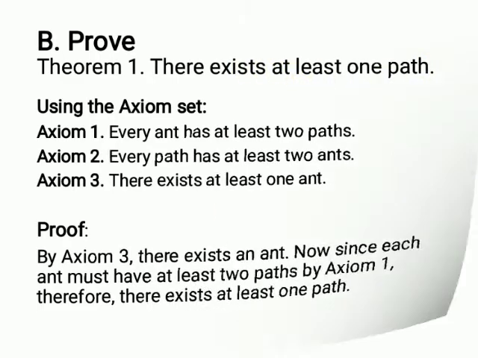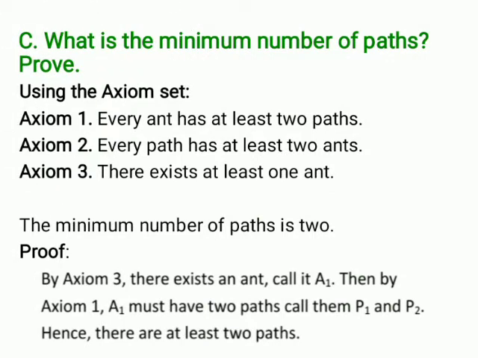So, next, let's proceed to letter C. What is the minimum number of paths? Prove. So, we need to prove it again. So, using the axiom set, axiom 1, 2, and 3. So, the minimum number of paths is 2. Why? Bakit nga ba 2?